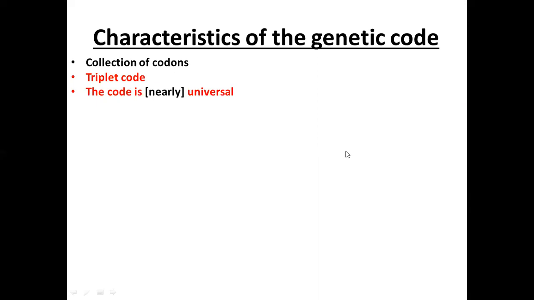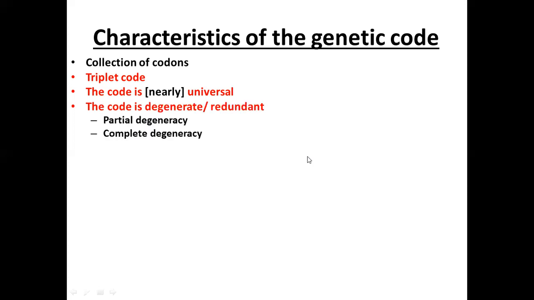And then the other property is that the genetic code is degenerate or redundant. When we say redundant, we are saying that more than one codon may specify the same amino acid. So a given amino acid may be coded for by more than one codon.